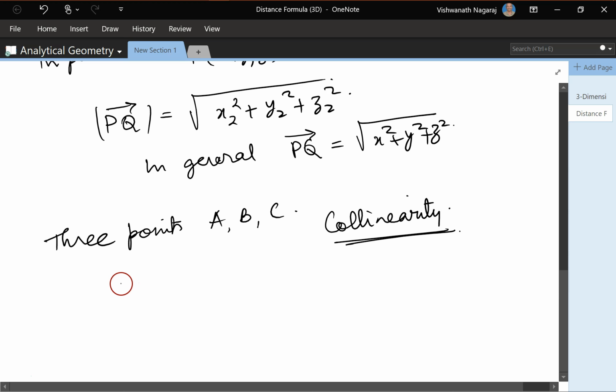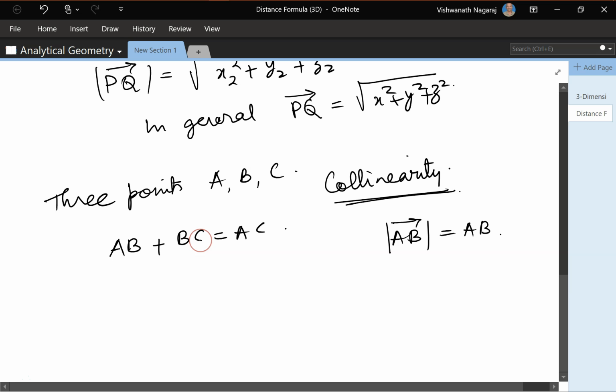So for this, AB plus BC is equal to AC. Remember, here when we talk of AB, we are talking of the magnitude of the vector AB. So magnitude of the vector AB can be written as AB. And this could happen in any particular order.